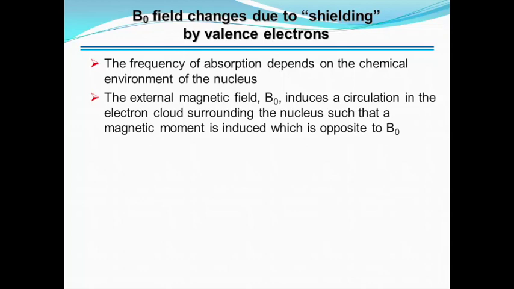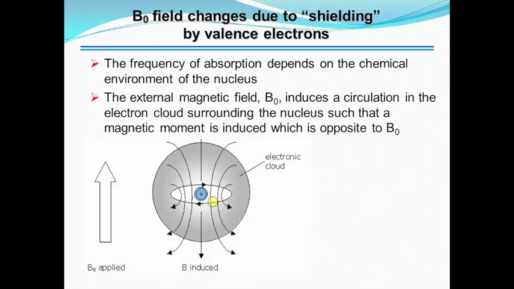The external magnetic field B0 induces a circulation in the electron cloud surrounding the nucleus such that a magnetic moment is induced, which is opposite to B0. So what does that mean? You have your proton in the middle, and then you have your electron cloud around it. Following Lenz's law, because this electron is in an applied magnetic field, it circulates.